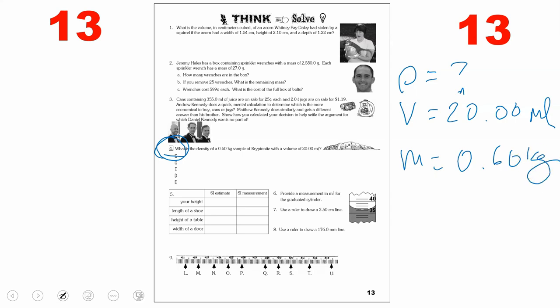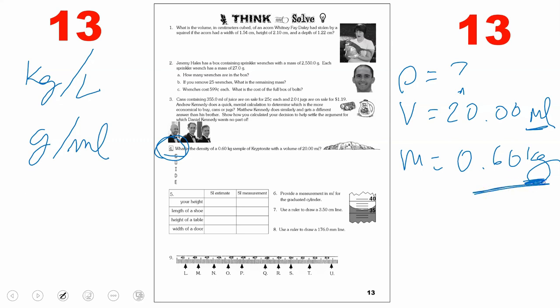Now you want to be careful because we have mass in kilograms and our volume in milliliters. You can calculate density as kilograms per liter, or we more commonly see grams per milliliter. So you need to first convert this kilograms to grams. Then you can take your mass and divide by volume. For checking for measurement accuracy, we have 2 decimals, so the answer can have 2 decimals as well.